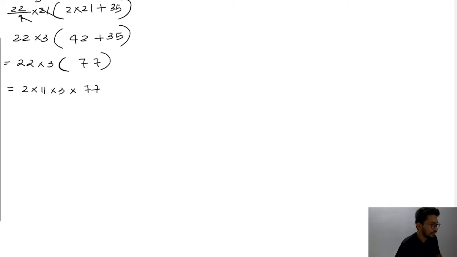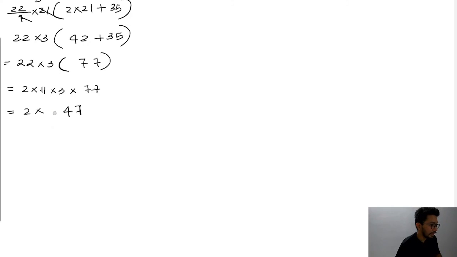To make it easy, I'm going to write it as 2 into 11 into 3 into 77. Multiplying with 11 is actually easy. So it's 11 into 77, we can write it as 7 and 7, and all you need to do is add this 7 and 7. So we will get 14, so we'll get 4 and carry 1. Then adding 7 plus 1 we will get 8.